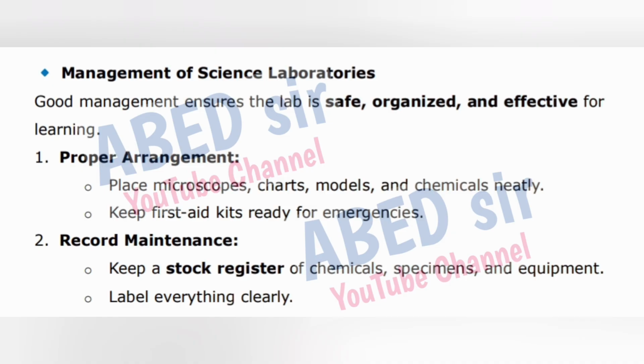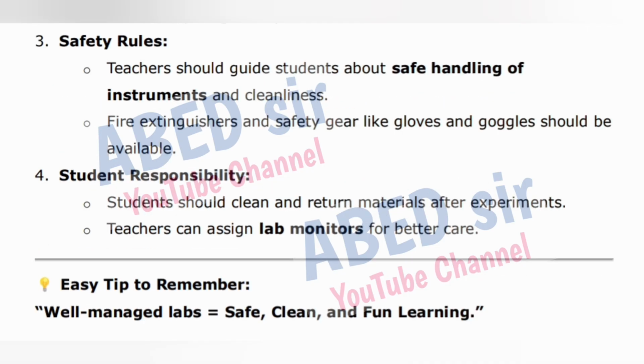Label everything clearly. 3. Safety rules. Teachers should guide students about safe handling of instruments and cleanliness. Fire extinguishers and safety gear like gloves and goggles should be available. 4. Student responsibility. Students should clean and return materials after experiments. Teachers can assign lab monitors for better care.